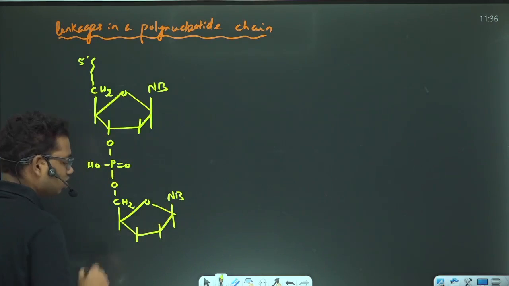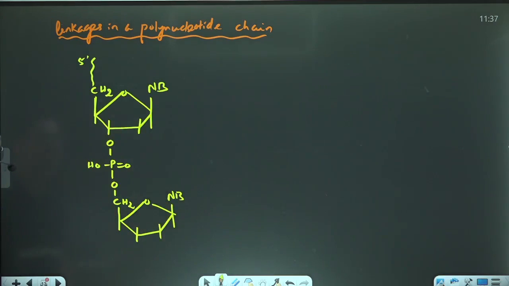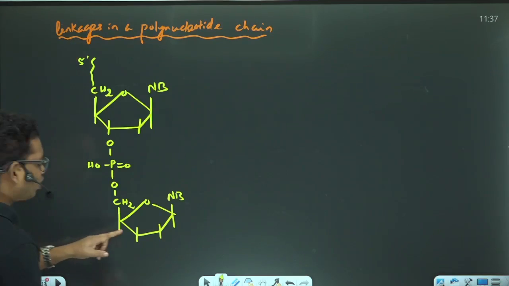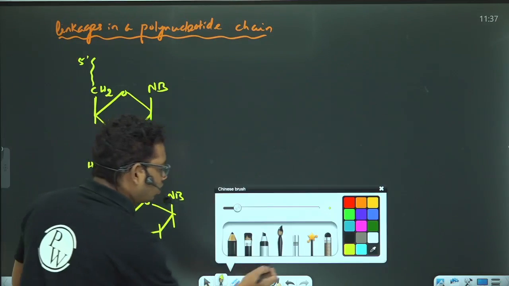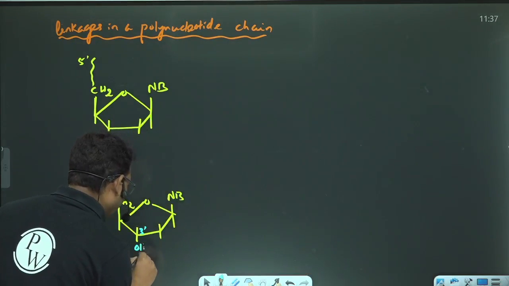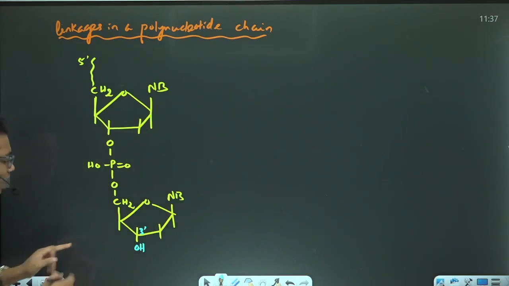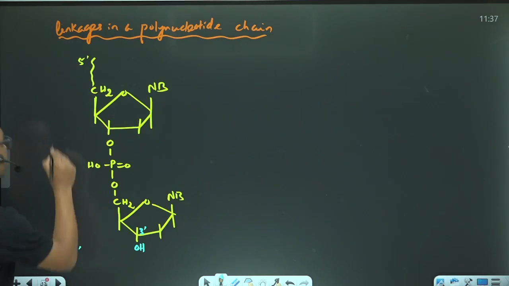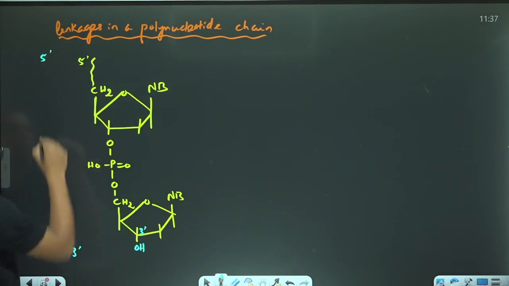So this is the structure of a polynucleotide chain. This is the 5 prime end, and this is the 3 prime carbon, and here I will have a hydroxyl group. So this end will be called the 3 prime end, and this end will be called the 5 prime end.